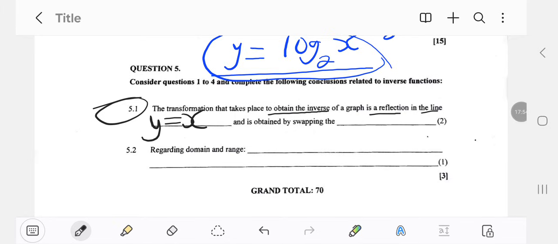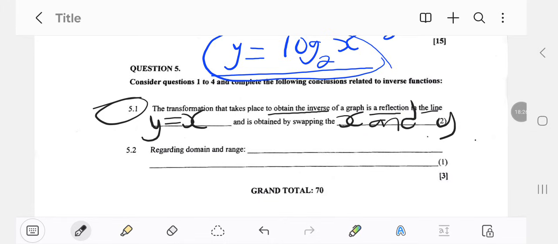Inverse is the same as the reflection in y equals x, and it is obtained by swapping x and y. Inverse is to swap x and y, or to reflect along the line y equals x. Regarding domain and range, what can we conclude?